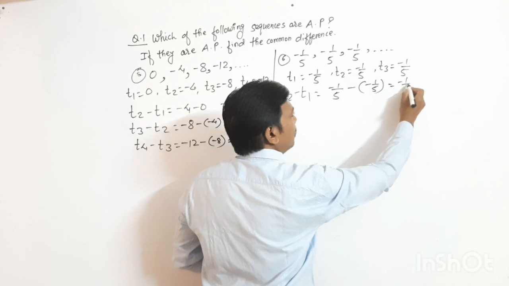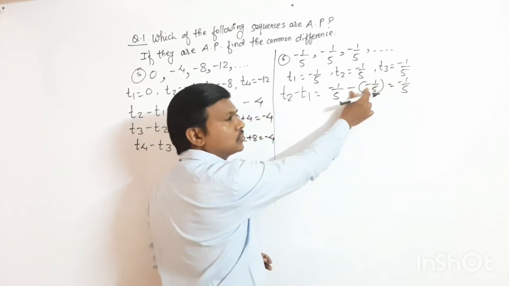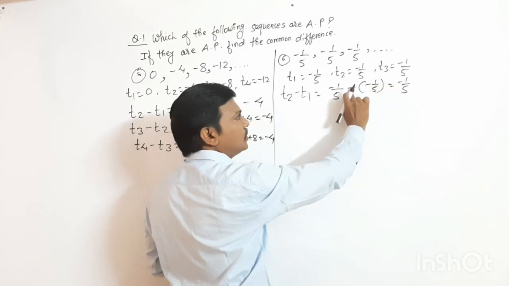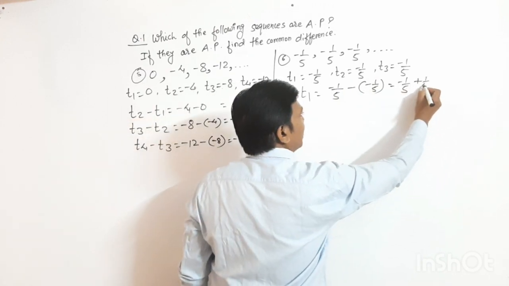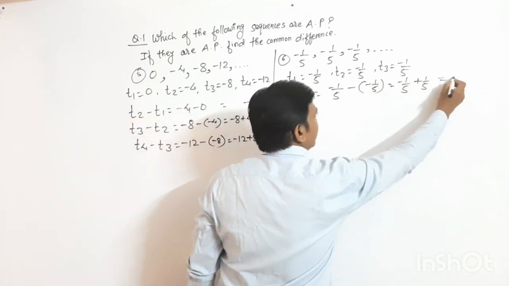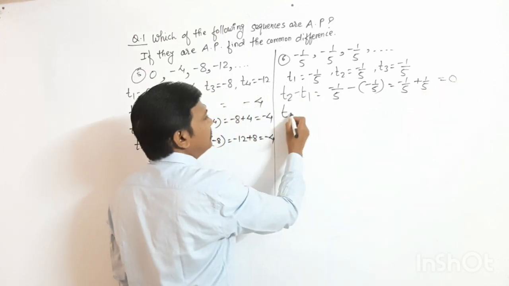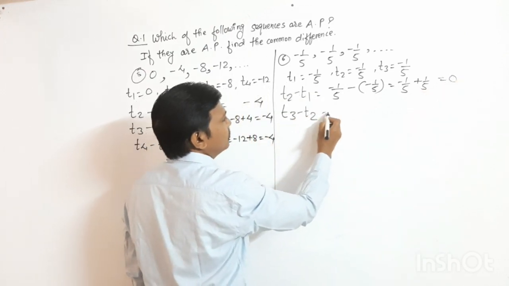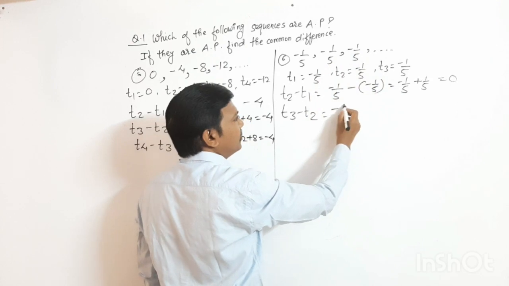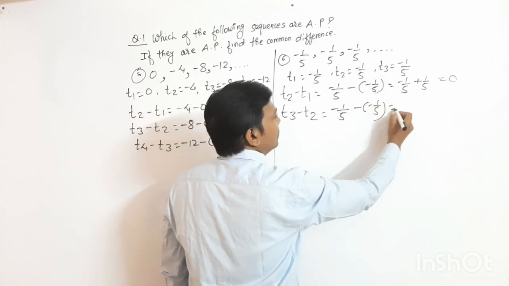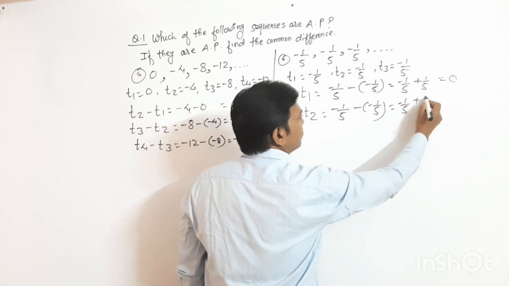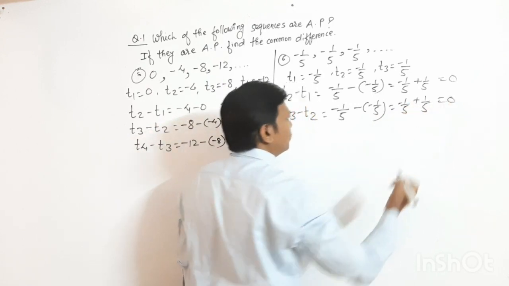Because of this minus sign we change this sign. So it is plus 1 upon 5, and minus plus minus, that is 0. Then T3 minus T2. Again terms are the same, minus 1 upon 5 minus minus 1 upon 5. So it is minus 1 upon 5 plus 1 upon 5, again 0.